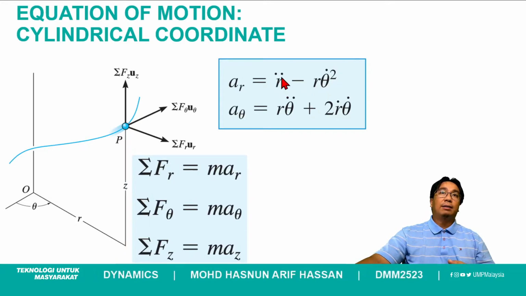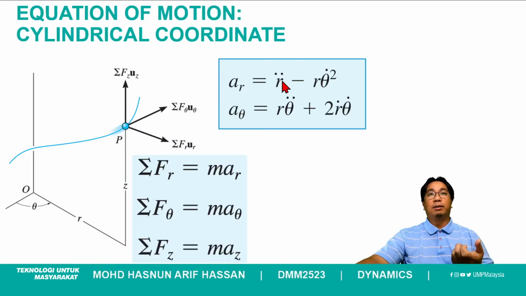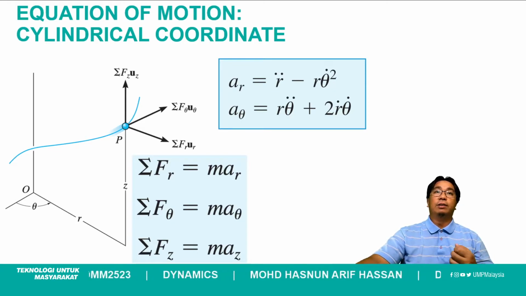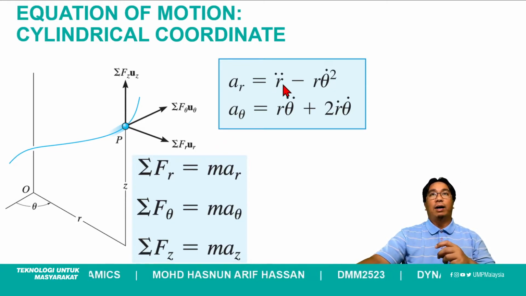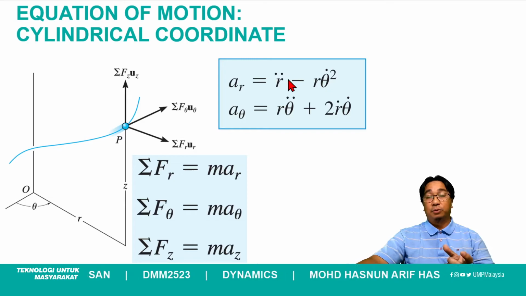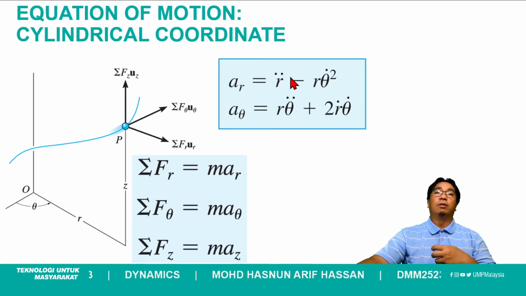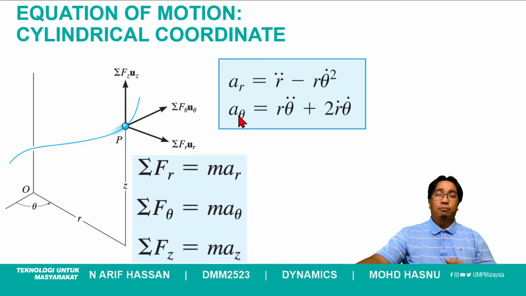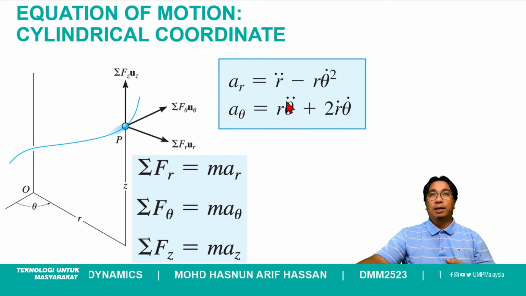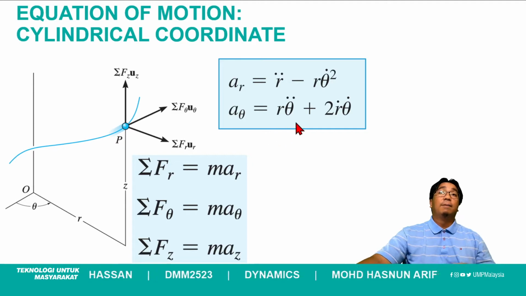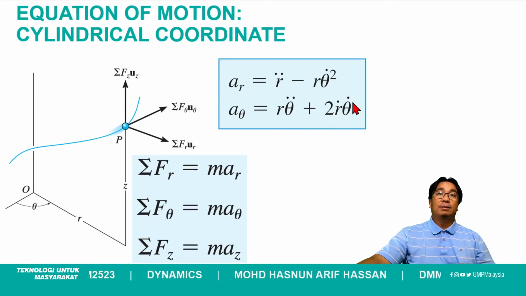And r double dot means a double differentiation, d square r over dt square, or d over dt of r dot, which means the velocity. r is the position, r dot is the velocity, and then you differentiate again, r double dot is the acceleration. For a theta is equal to r times theta double dot, plus 2 r dot theta dot. Also the same, theta double dot means d over dt of theta dot.